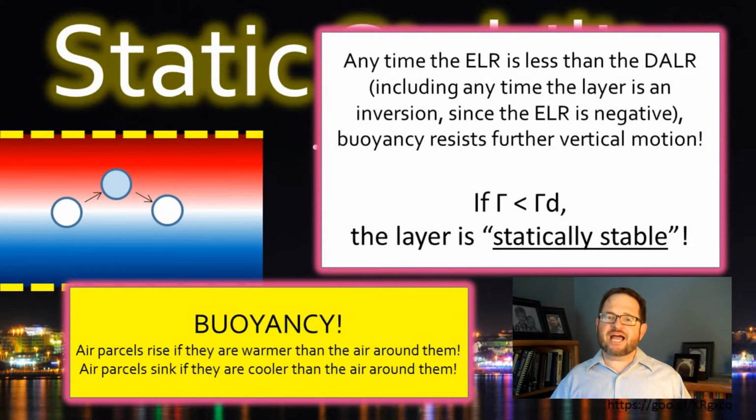So, anytime your environmental lapse rate is less than the dry adiabatic lapse rate, you're going to have a situation where that layer is statically stable. So here's the second of your 3 rules for figuring this business out. If you do a calculation in the homework or on the test and you find that the environmental lapse rate is less than the dry adiabatic lapse rate, if gamma is less than gamma D, then you know your layer is statically stable.